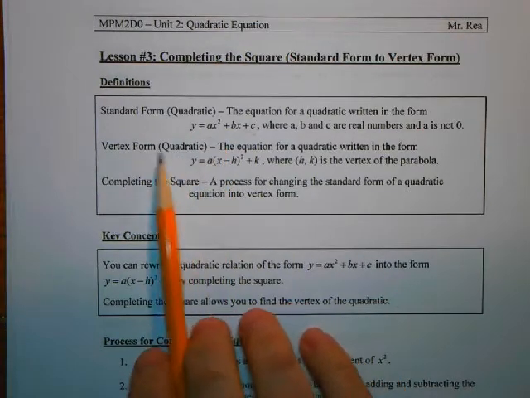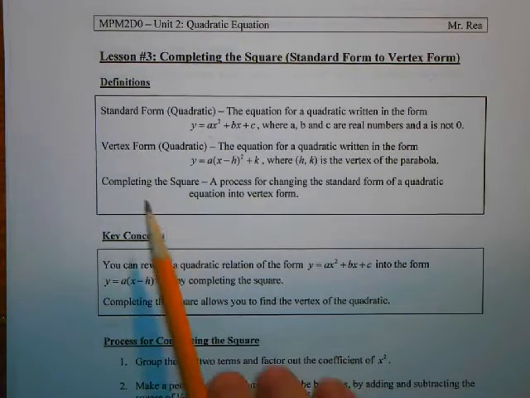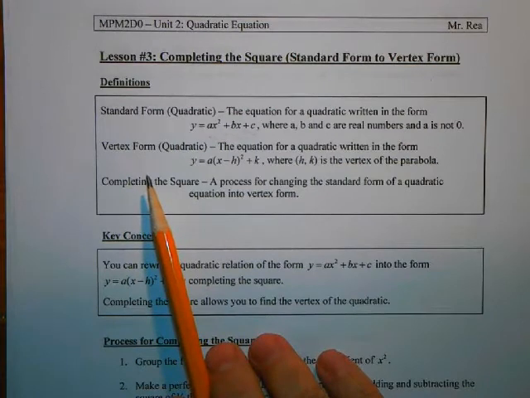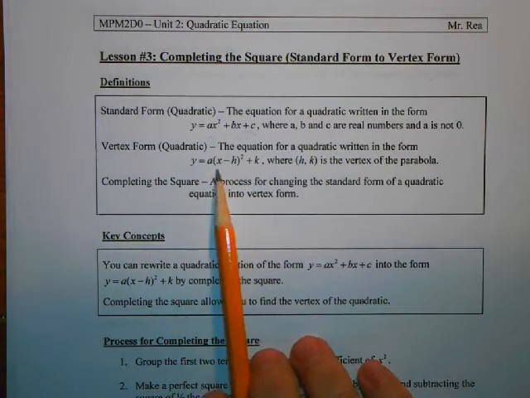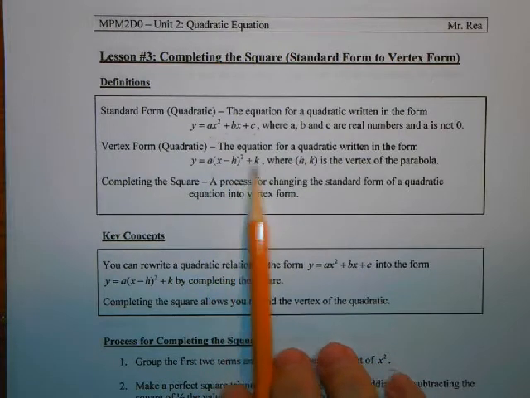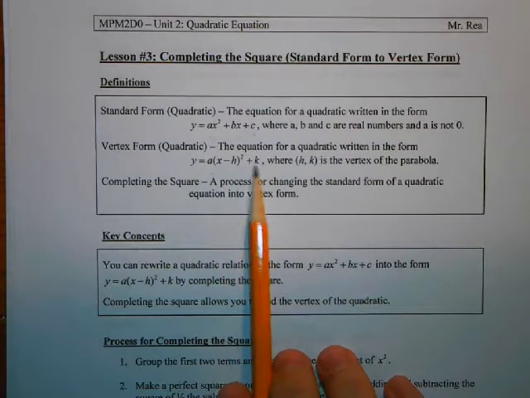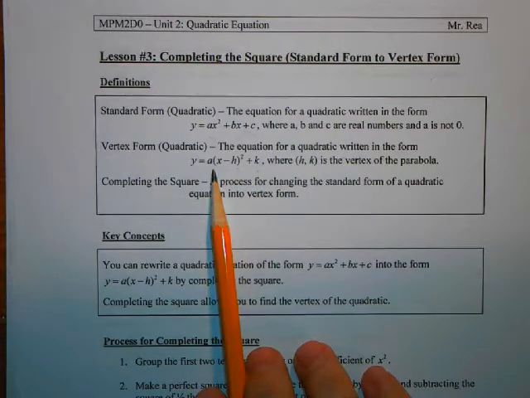There's another form that we created by using transformations. We stretched, compressed, reflected, and moved the parabola up and down, left and right, using these parameters a, h, and k. h moves the parabola left and right, k moves it up and down, and a does all sorts of things.